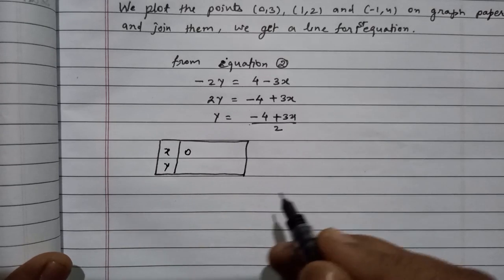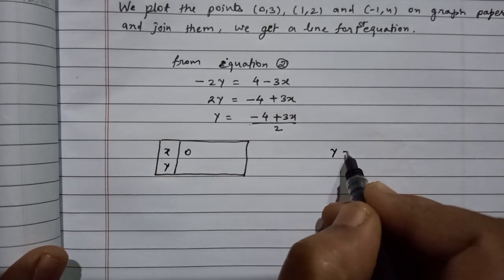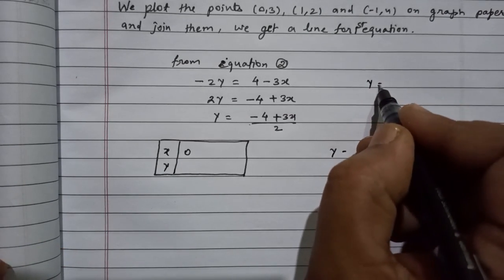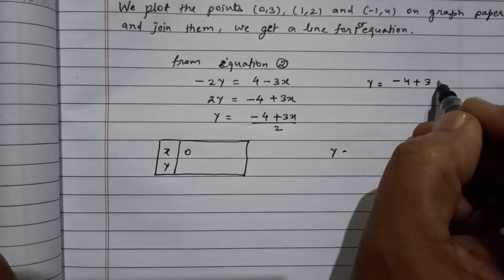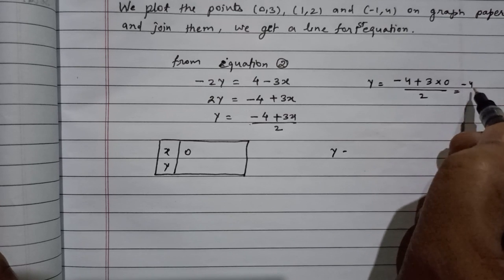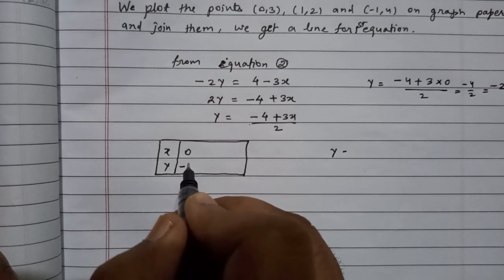Suppose x equals 0, then y is equal to minus 4 plus 3 into 0 upon 2, which is minus 4 upon 2, minus 2.